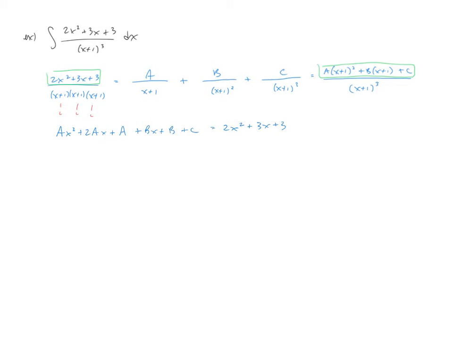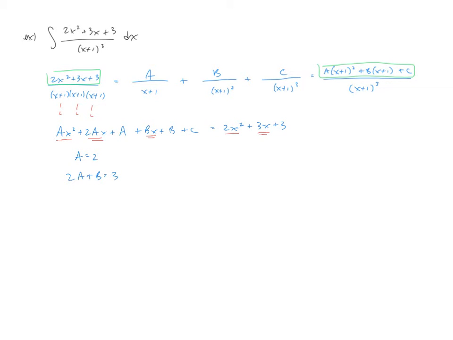Now to set up the system, I'll focus to start on my Ax squared. Notice there's only one of those on the left, and we've got our 2x squared on the right, so A must equal 2. In a similar way, if we focus on the x term, on the left we'll have 2A plus B, and that's set equal to the 3 on the right.